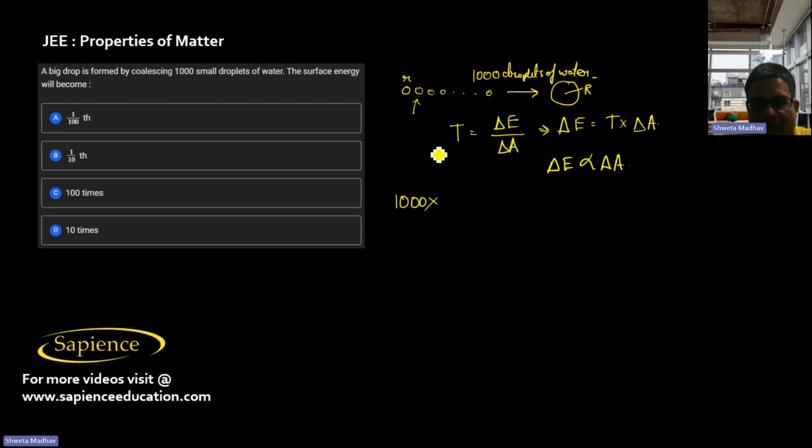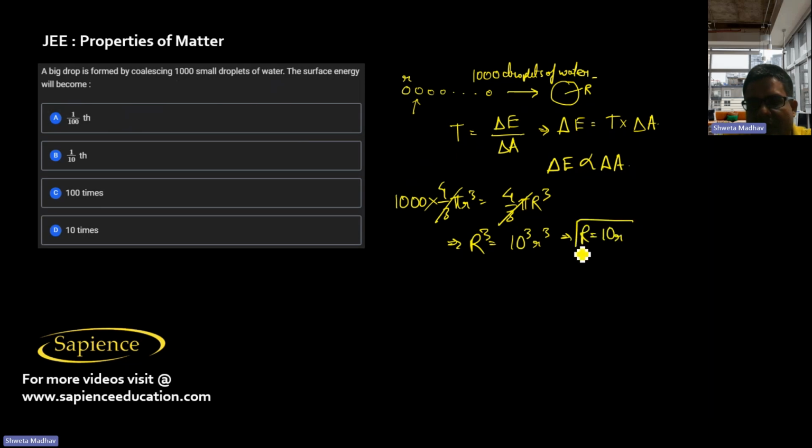So 1,000 into the volume of each of them, which is 4 by 3 pi r cube, is equal to the volume of the big drop, that is 4 by 3 pi capital R cube. So 4 by 3 pi will cancel. So R cube equals 10 power 3 into r cube. So it means R equals 10r. The radius of the larger drop is 10 times the radius of each small droplet.